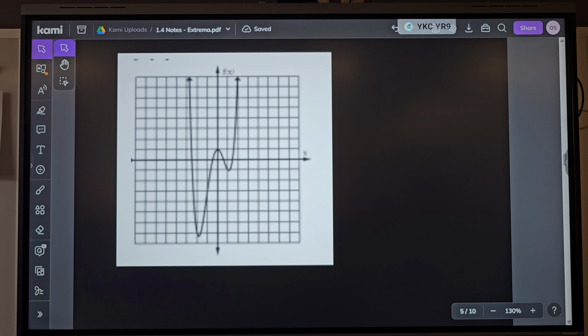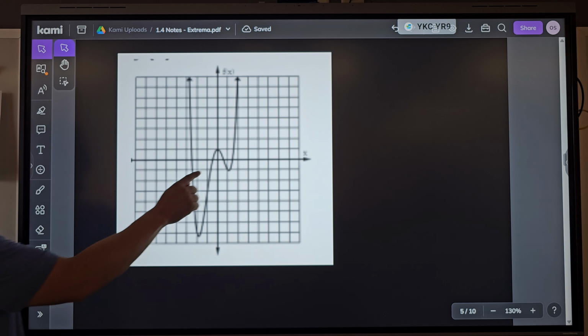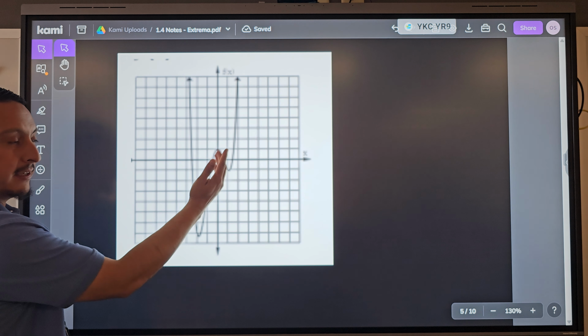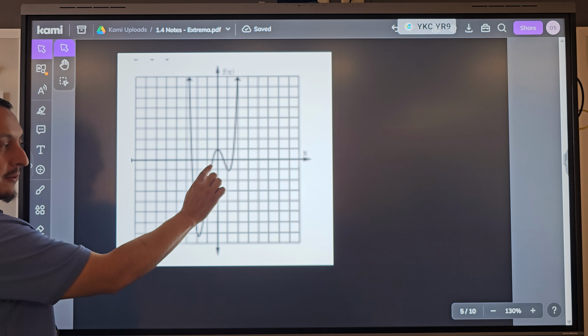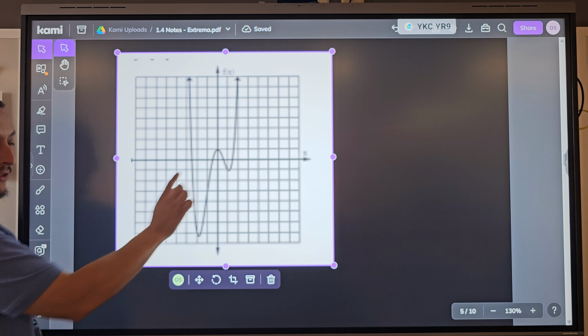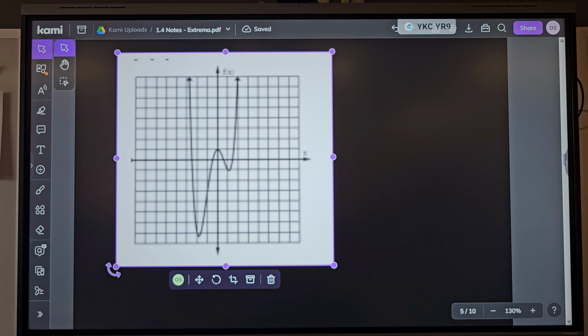What about this one? Y-axis symmetry. If this was wet paint and I fold it like this, wouldn't that draw right here? So it's not the same because it's not overlapping. Is it point symmetry?